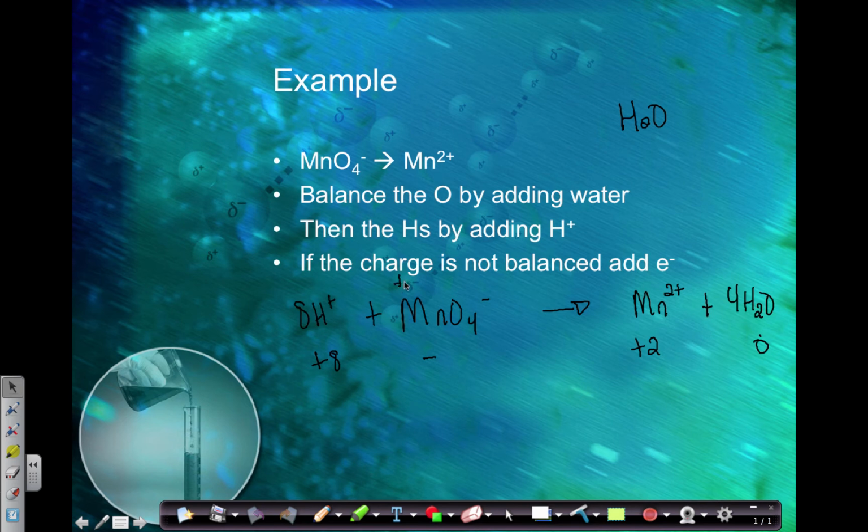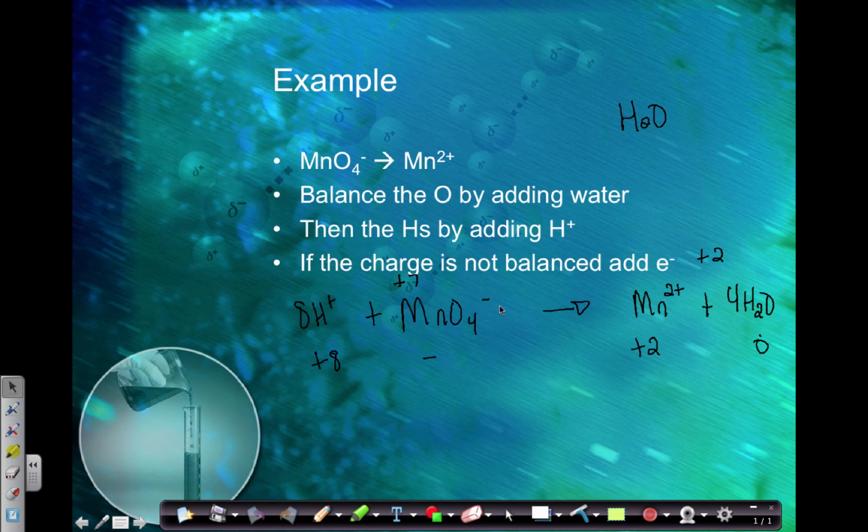So I've got a +7 on this side right now and a +2. Well, I need to get this side down, and I've got electrons, which are negative. So I'm going to add electrons to this to make the charge go down. So I need it to go down to a +2.